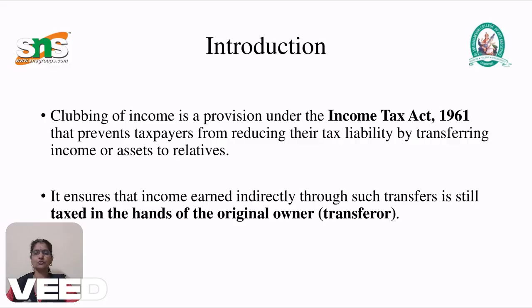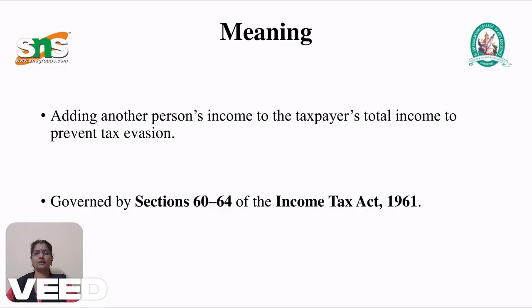So it ensures that income earned indirectly through such a transfer is still taxed in the hands of the original owner, that is called the transferor. Those who transfer their asset to a close relative are called the transferor.